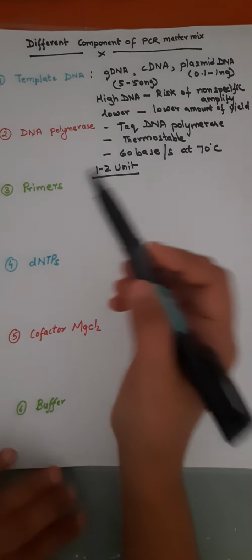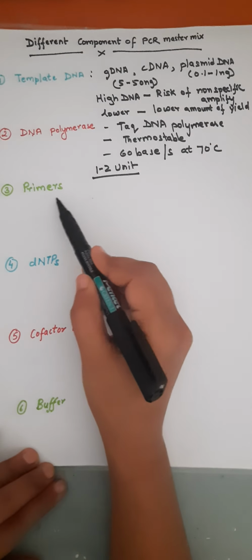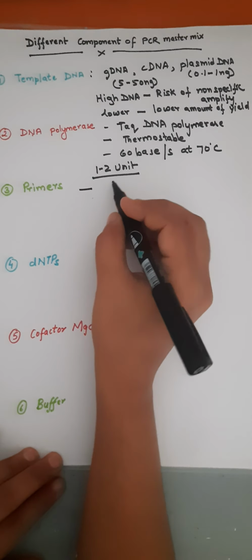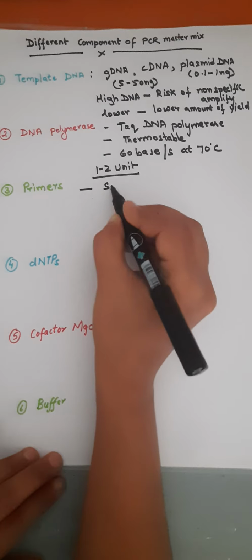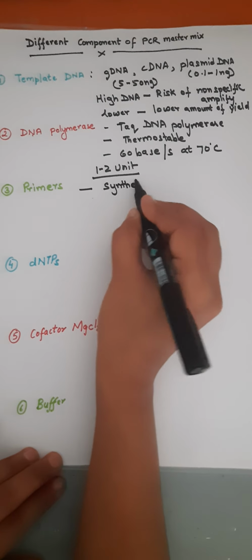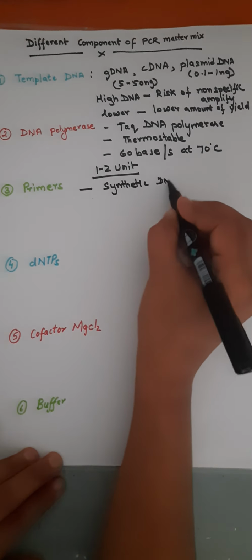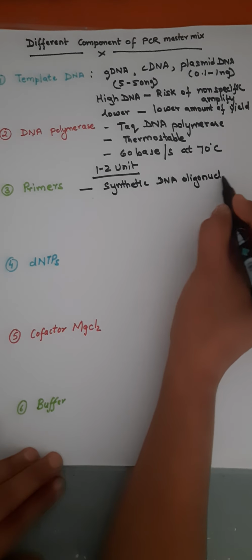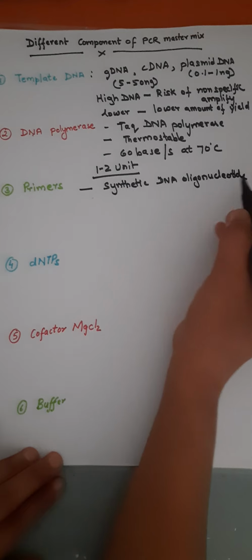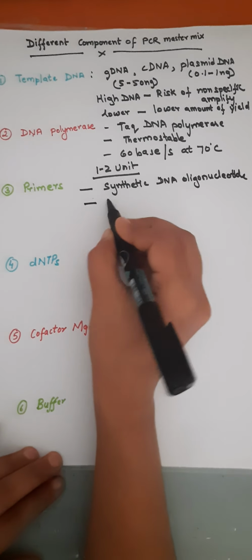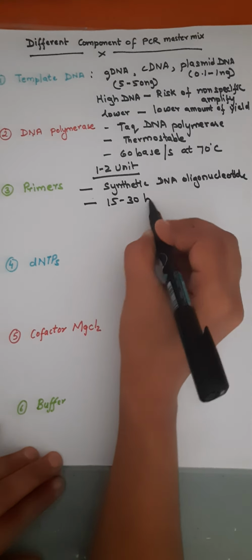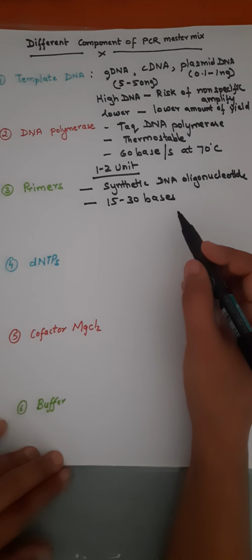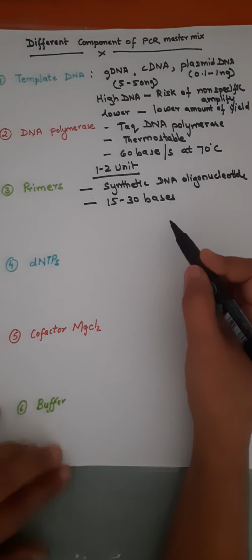Then comes the third component, primers. I told you in my earlier video also that these are synthetic DNA oligonucleotides. These are very short stretches of DNA, single stranded, around 15 to 30 bases in length. They are complementary to the target region that we are going to amplify during the PCR.